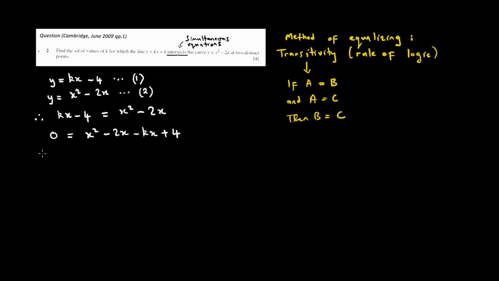Then of course we can rewrite this simply as x squared minus 2x minus kx plus 4 is equal to 0. You don't have to make these two steps. You can just go from this part to this part. Those who are going to be marking your papers will understand. Now we have a quadratic situation.